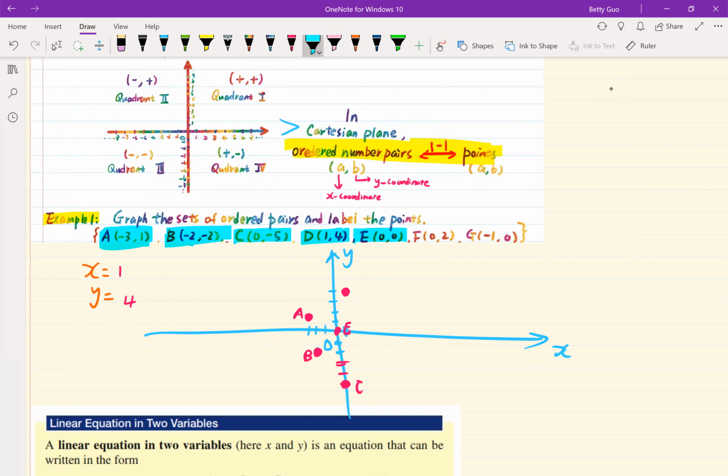F is 0, 2. The x-coordinate is 0. So point F is on the y-axis, 2 units above the origin. It is right here. Let's wait a little bit.